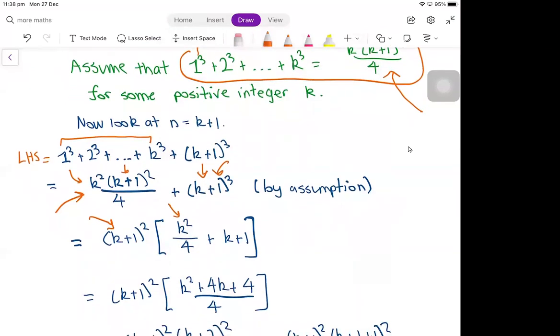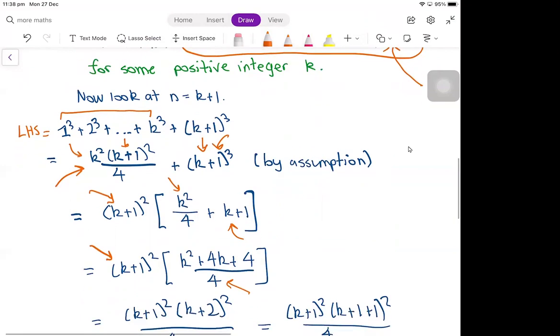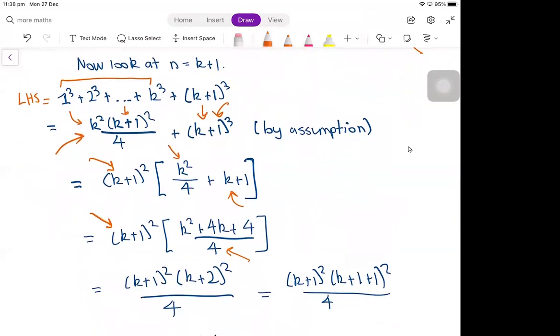Now we bring it under a denominator of 4, and we'll get (k squared plus 4k plus 4) times (k plus 1) squared. And k squared plus 4k plus 4 factorizes into (k plus 2) all squared. So we'll have (k plus 1) squared times (k plus 2) squared divided by 4.